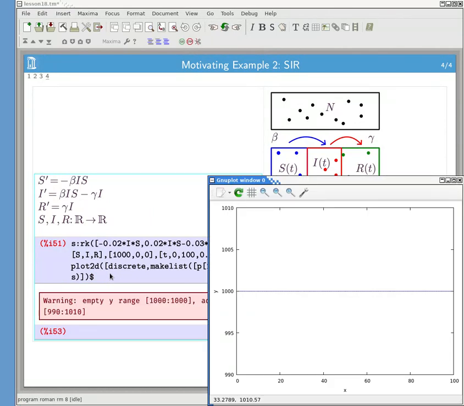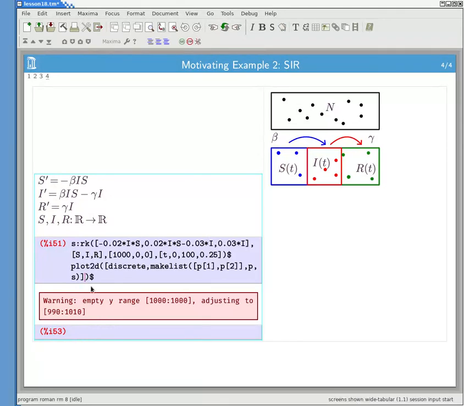Now, as expected, there is no change in the number of susceptible individuals. We just see a line. So this is in conformance with our guess, and we can now start looking at more interesting scenarios. But first off, let's make sure the plot is labeled in a more appropriate fashion.